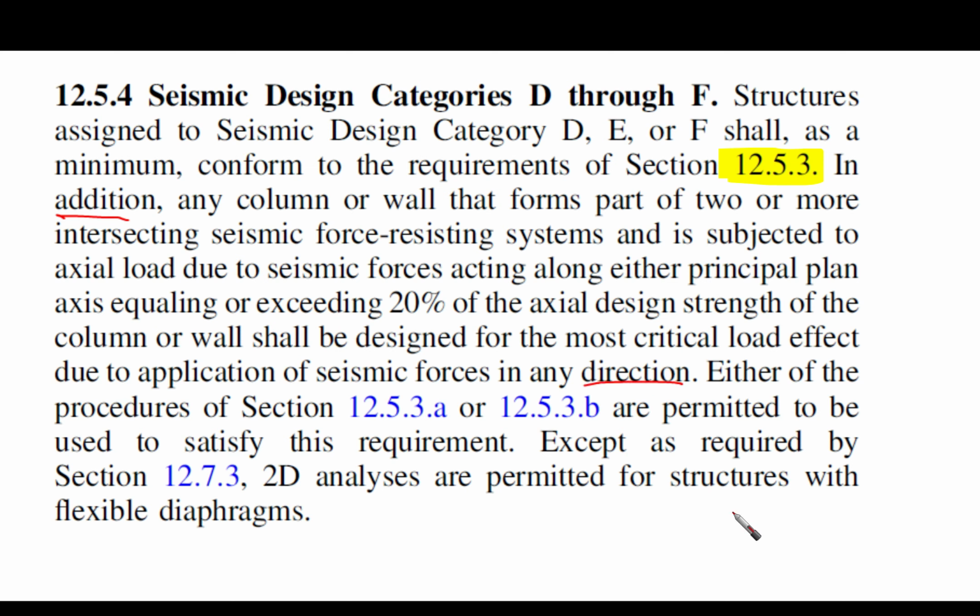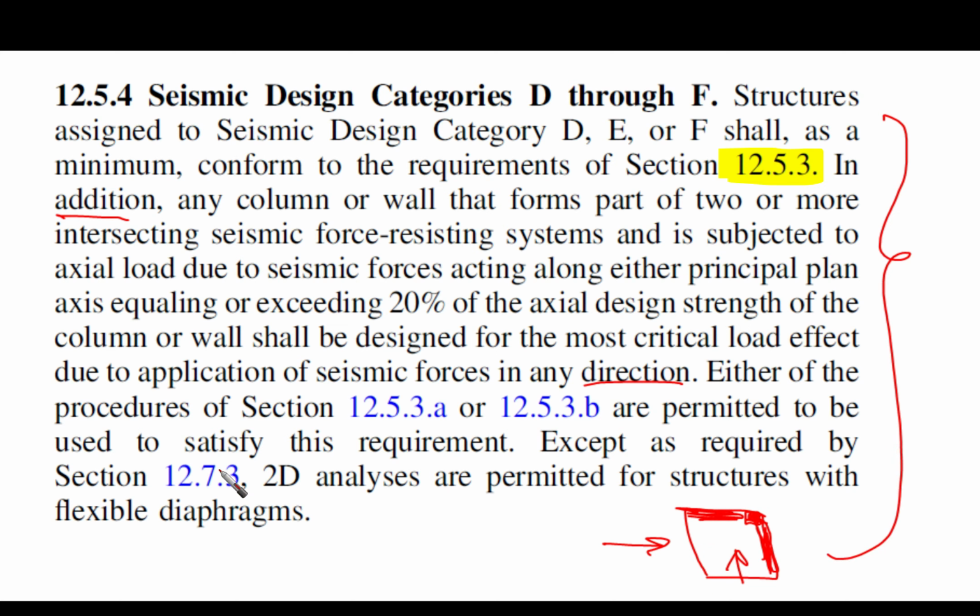This means that if we have a plan and we have a column here, and you are applying the load here or here, you're going to find that if it's part of the lateral resisting system here and part of the lateral resisting system here, then you need to consider this and consider this section, okay, which, as they said here, is intersecting.